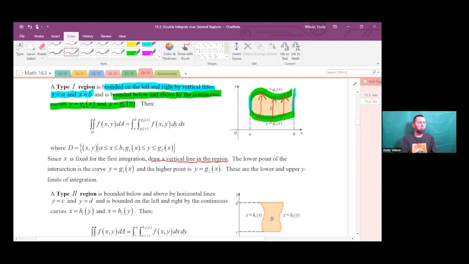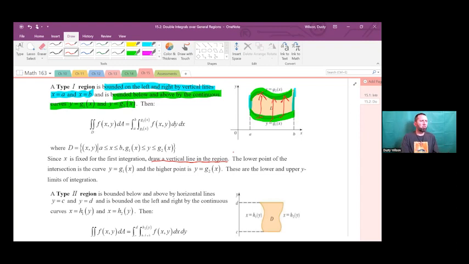These are the lower and upper y limits of integration. And notice those arrows that I drew start on the left at x equals a and move on the right to x equals b. So that's called a type 1 region.